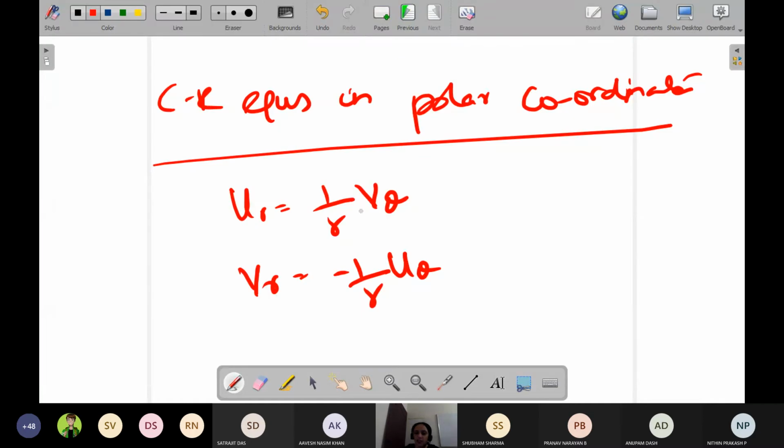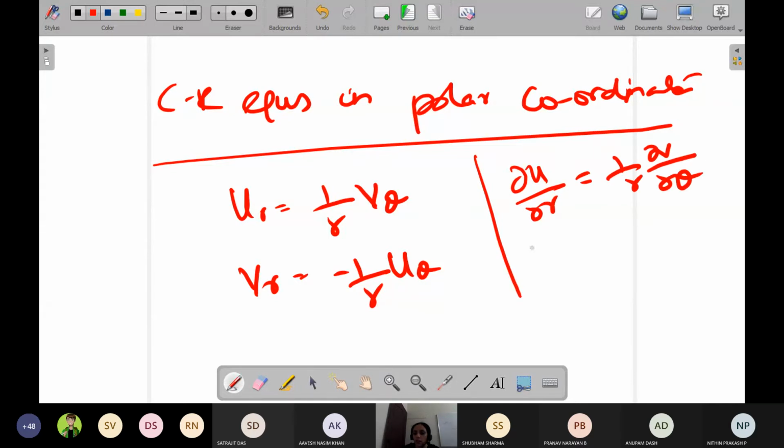You can also represent it as dou u by dou r is equal to 1 by r dou v by dou theta and dou v by dou r is equal to minus 1 by r dou u by dou theta. Either way you can represent it. Make a note of both. These are called the CR equations in Cartesian and polar coordinates.